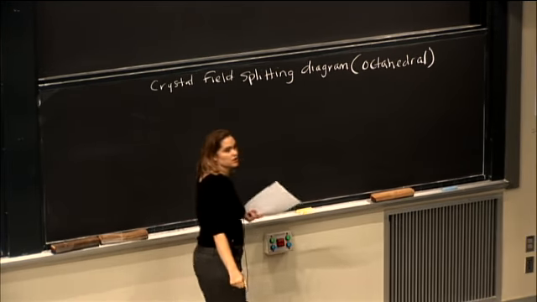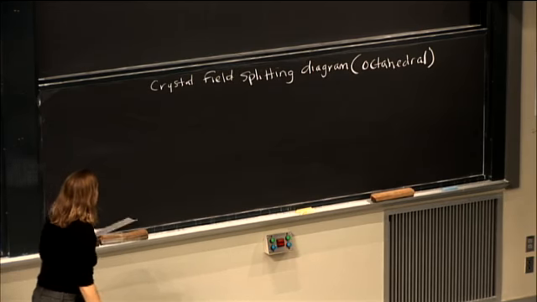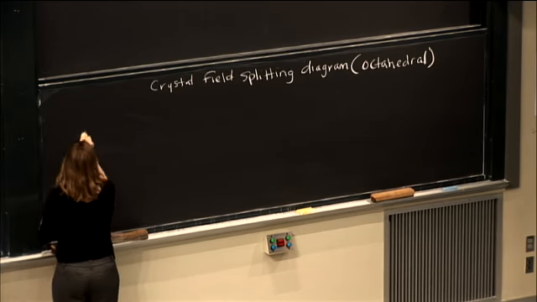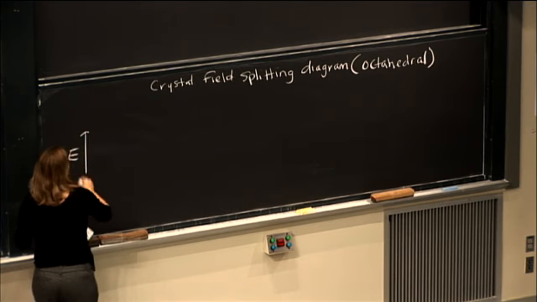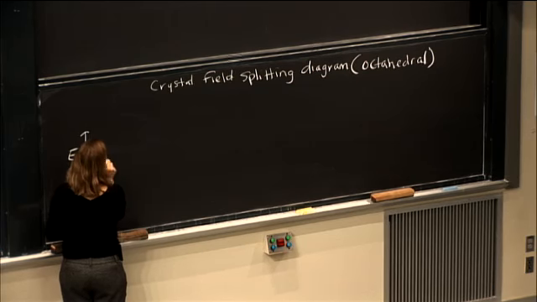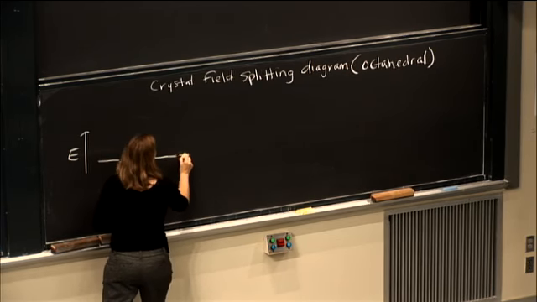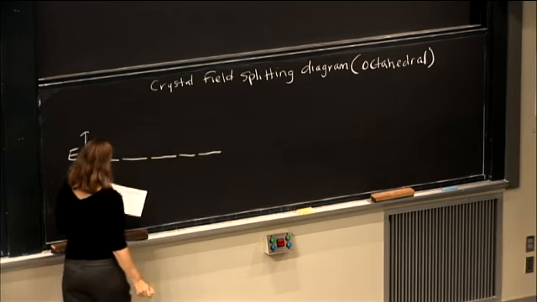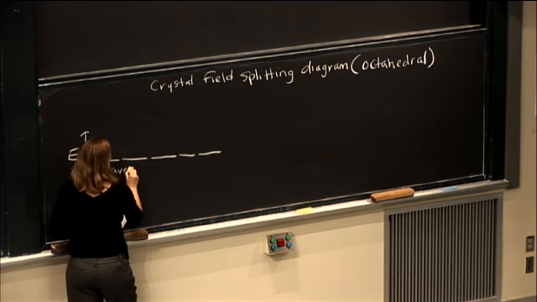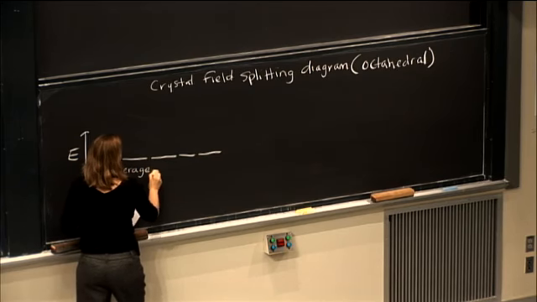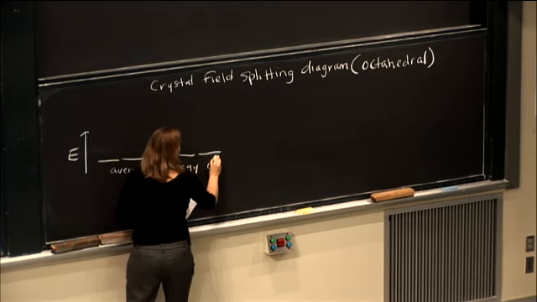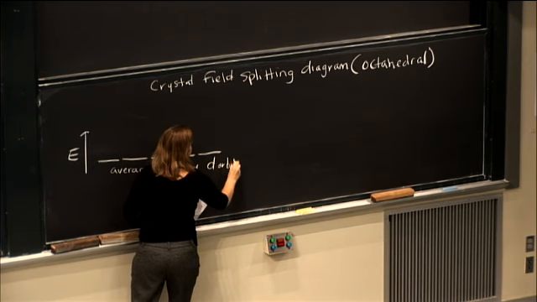And the diagrams are going to look different depending on what the geometry is. So when we draw this diagram, energy is going up. And we're going to start with our 5 d orbitals. And so this is going to be the average energy. The average energy of our d orbitals.